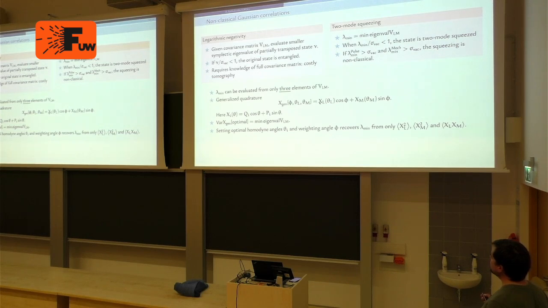If we consider rotated quadratures in the local basis of the two modes, and then combine them with the proper weights, this gives us the so-called generalized quadrature. We can show that if each of these angles takes the optimal value, then the variance of this quadrature equals the minimal eigenvalue of the full covariance matrix.